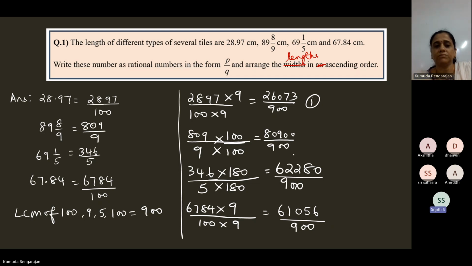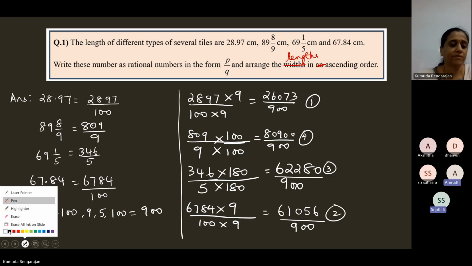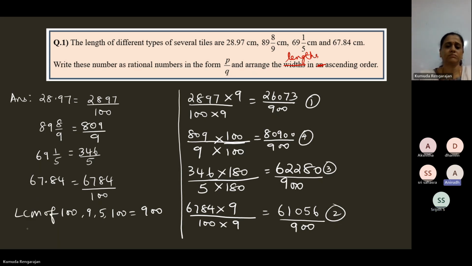Second one? 61,056. Third one, 62,280. Ma'am, should we write the numbers in the multiplication like 26,073 or 28.97? You should write the original numbers.